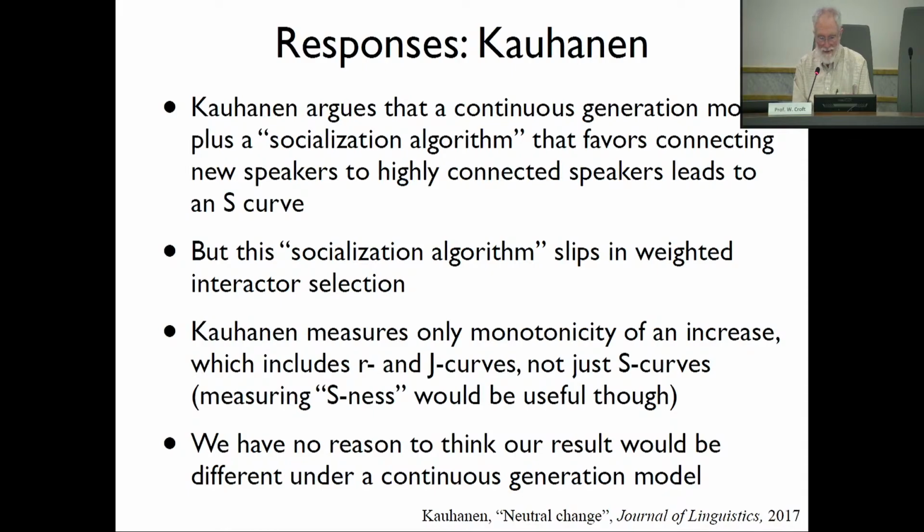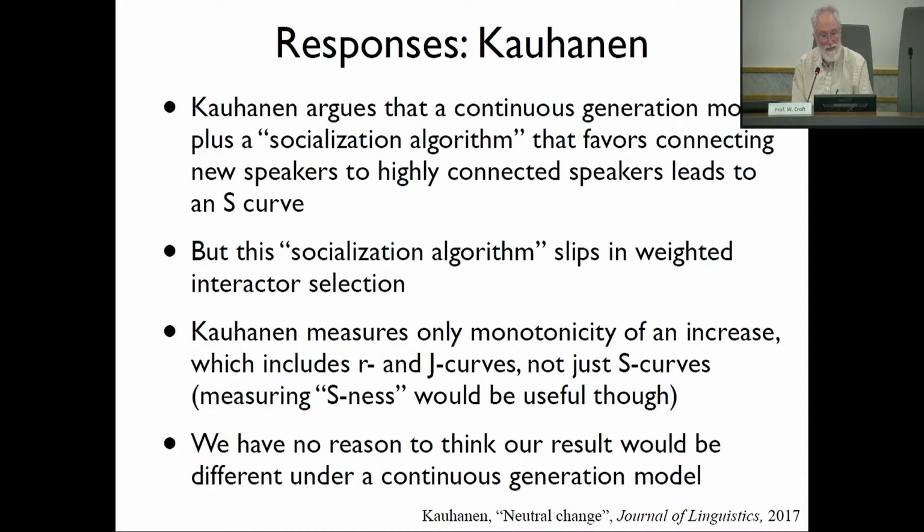Now leave aside whether that's socially plausible, but it sneaks in weighted interactive selection. Basically, the highly connected speakers are like the early adopter group. And he only measures the monotonicity of an increase. He doesn't actually look at the shape, so it could be an R curve, a J curve, or an S curve. So it doesn't actually express that.